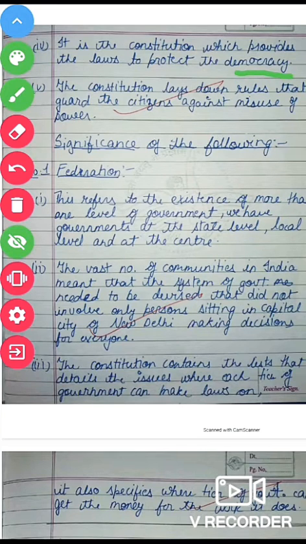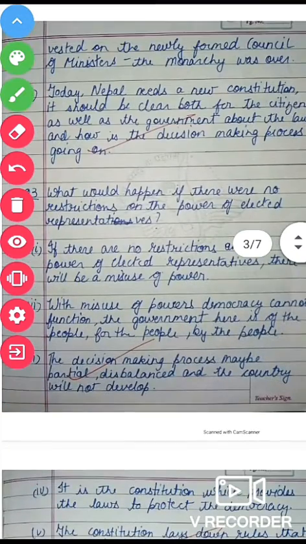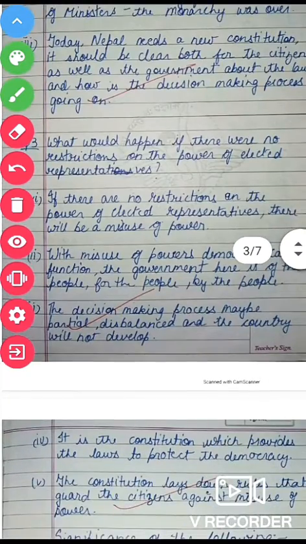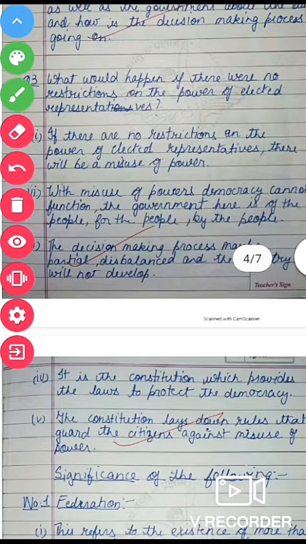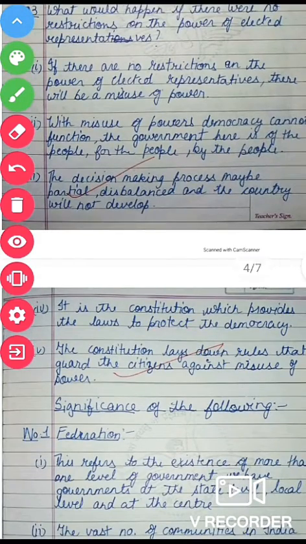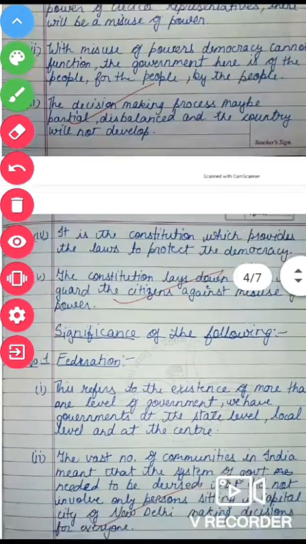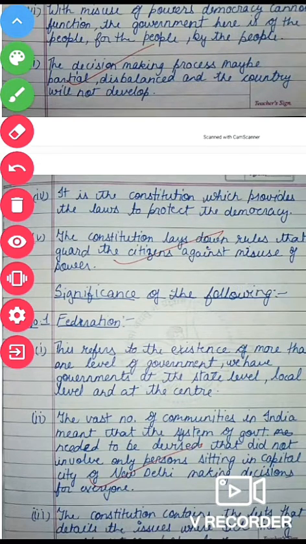The constitution lays down the rights of the citizens against the misuse of power. So guys, if this question comes as a 5 marker, you can write these 3 points and then you can also explain it, like the constitution is important because it protects us from the misuse of power.